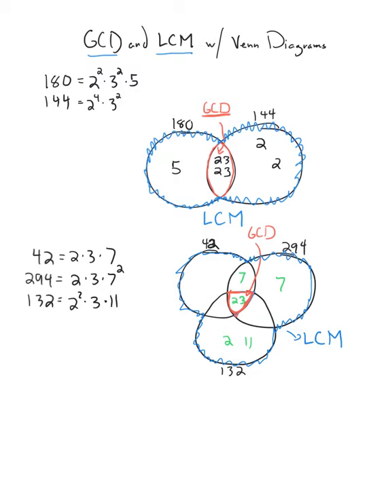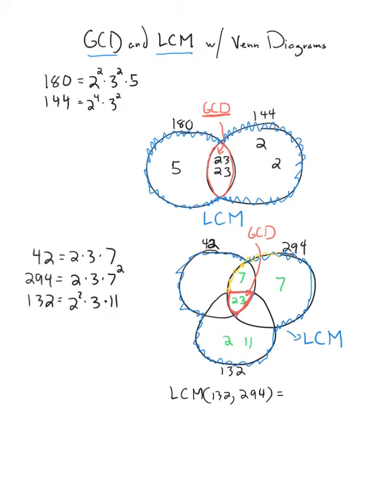So that's pretty cool. But I can kind of just view two of these guys too. Maybe I want to look for the least common multiple of just 132 and 294. Well, I'm going to pretend that the circle for 42 isn't there.